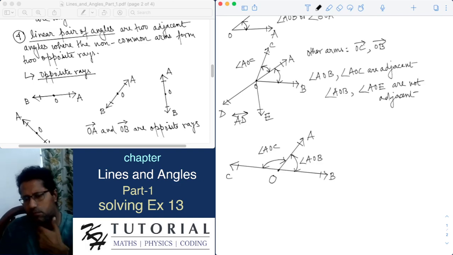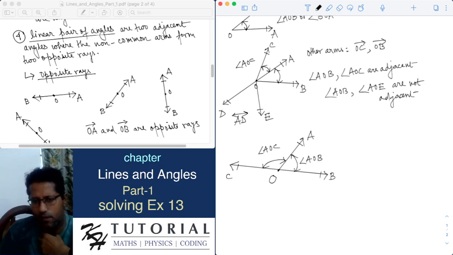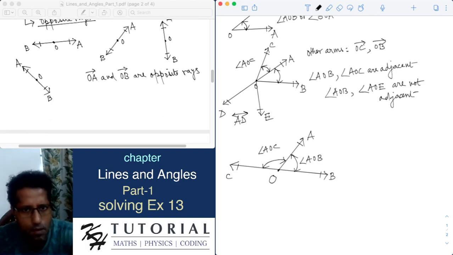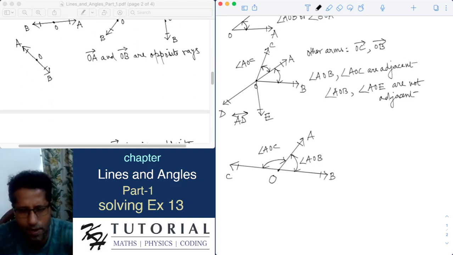That is, the rays OC and OB form a line. BC is a line where the two end points B and C stretch endlessly. So now the angles AOC and AOB are a linear pair of angles. Okay, so this is the definition of linear pair of angles.